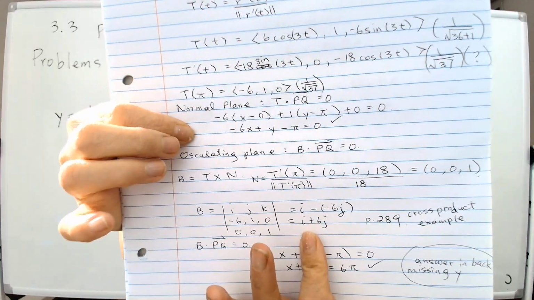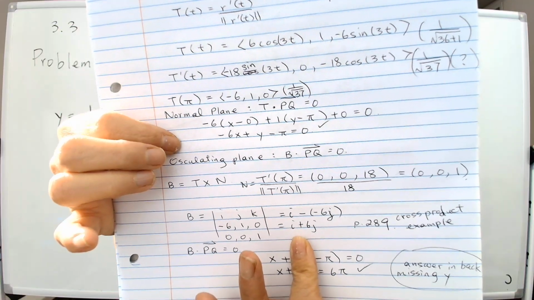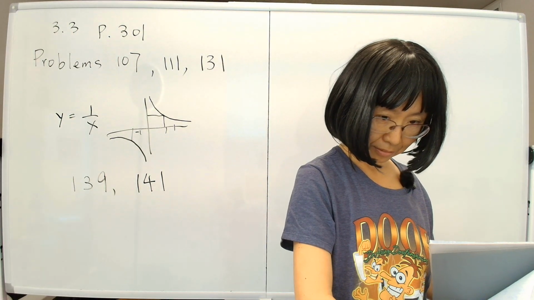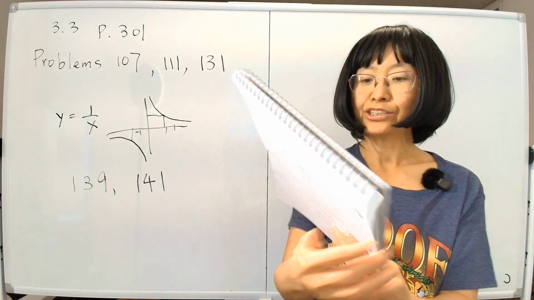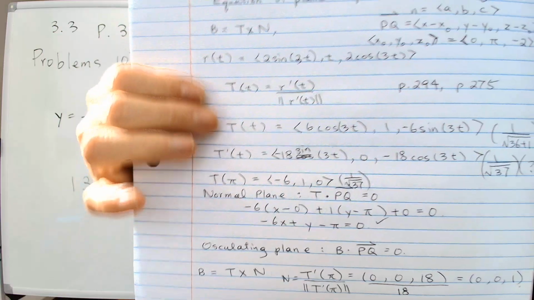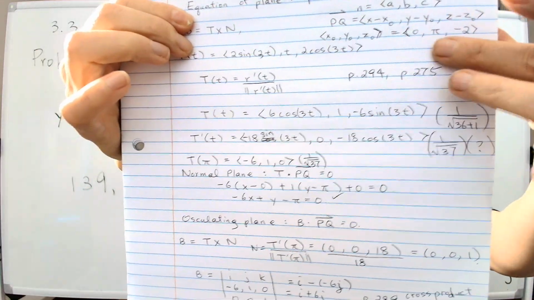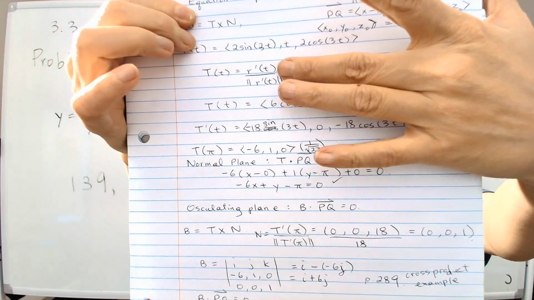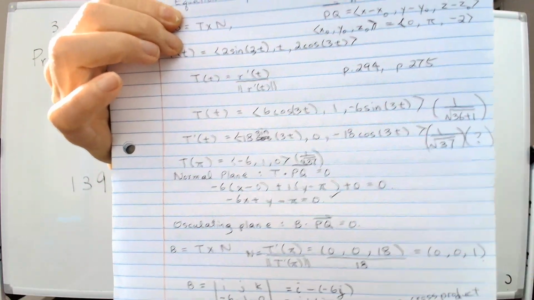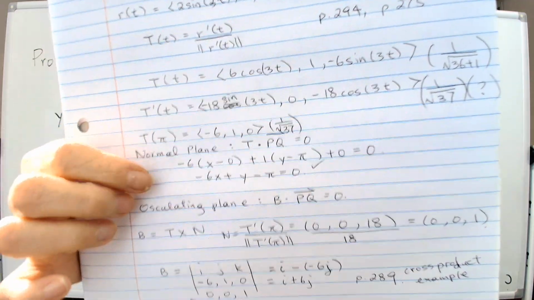Following the normal plane formula, we come up with this equation, which turns out to be correct. I should mention the reason I figure T of pi is because the original point is at t equals pi. See, the y coordinate is t, so where t equals pi, that's our original point.